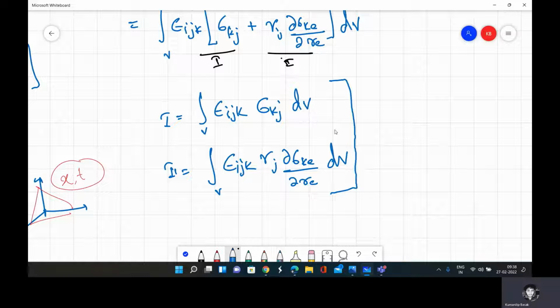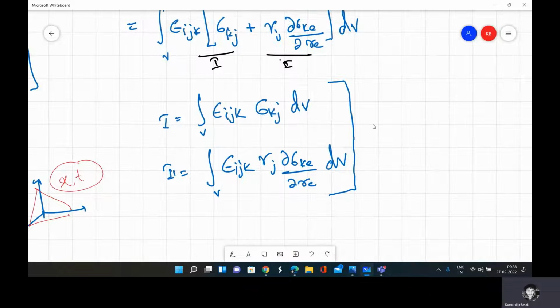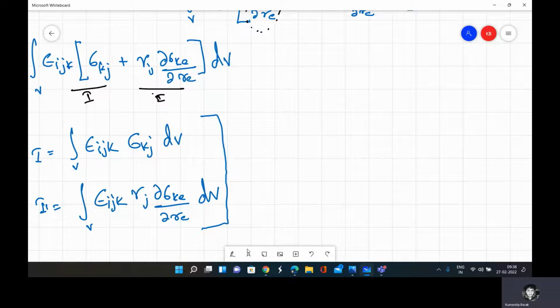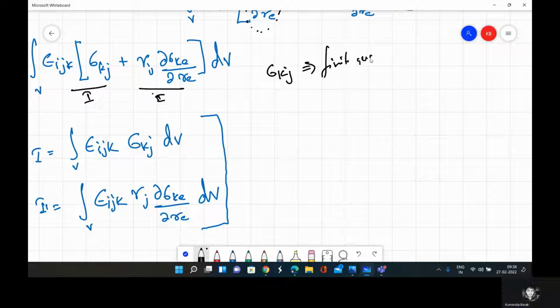This is a good mathematical assumption, and from the physical perspective this is also true, that my sigma_kj, the stress tensor, is a finite quantity, and also the gradient of the stress tensor is a finite quantity.